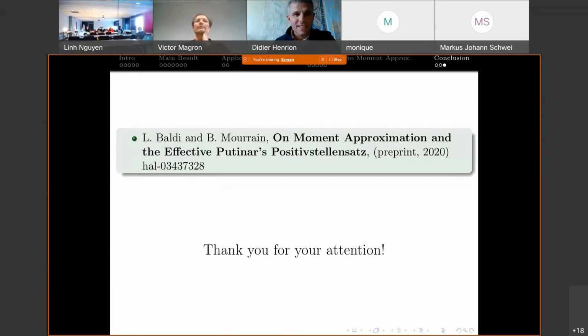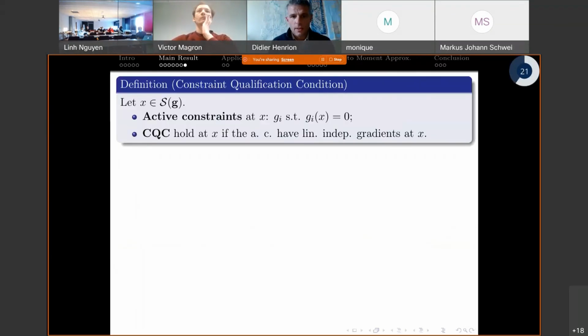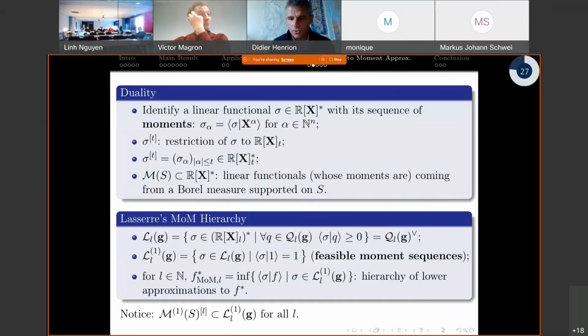Yes, it's Didier again. Maybe just a suggestion for the terminology for this study on the moment convergence. So you're using this curly L, which is a dual to the quadratic module. This is what some people call pseudo moments. They are not necessarily moments of measures.